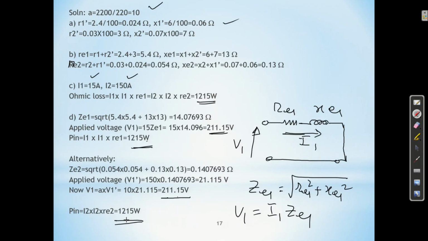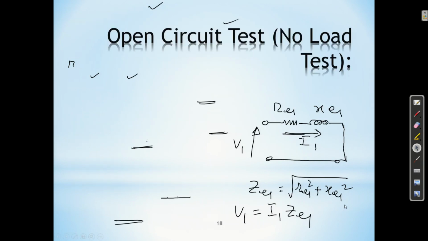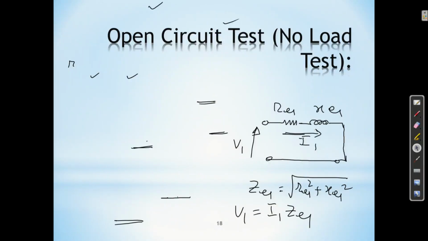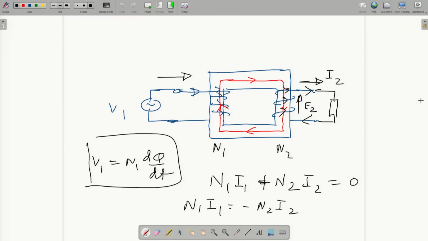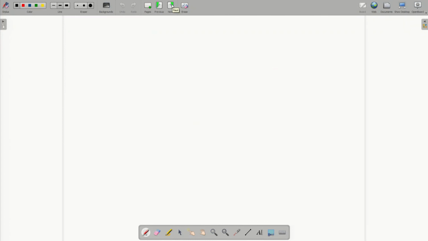Okay. Because the time is not there, in the next class we plan to do the open circuit test, the no load test and other tests, and the Sasaki test, that will find the parameters.